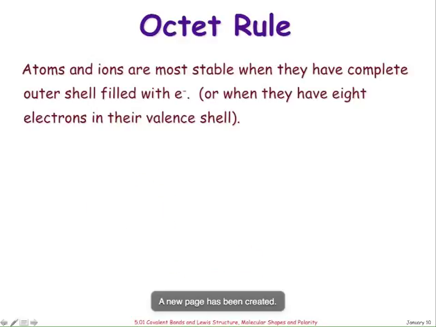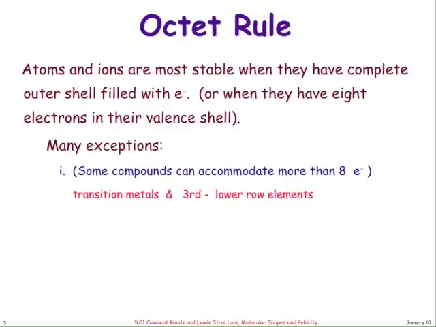Now, atoms and ions are most stable when they have a completely filled outer shell, and that's called the octet rule. They will either transfer electrons, accept electrons, or share electrons. And you saw this back in chapter 4. There are many exceptions to the rules, like transition metals can have more than 8 electrons.